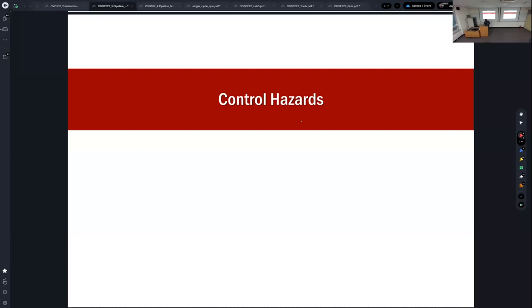I mentioned that hazards are events that waste clock cycles, and a control hazard means that clock cycles are wasted by control instructions, which include branches, jumps, and exceptions.